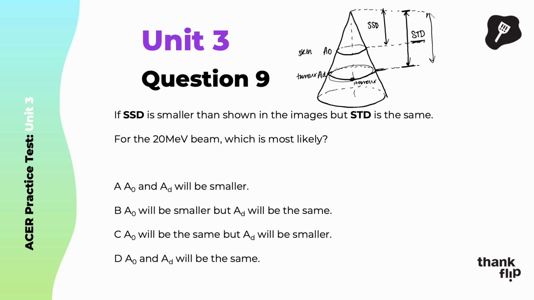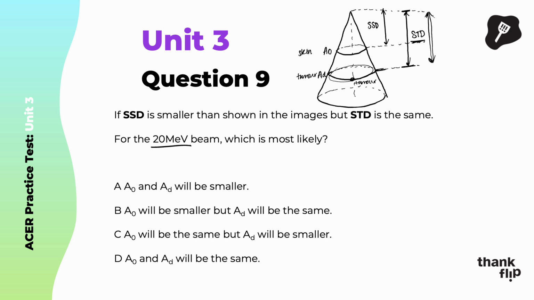If the electron beam had different energies, that could impact the field size and the depth, as we figured out in our previous question. However, if we're just looking at the 20 MeV beam, then as long as the distance stays the same, AD should also stay the same.